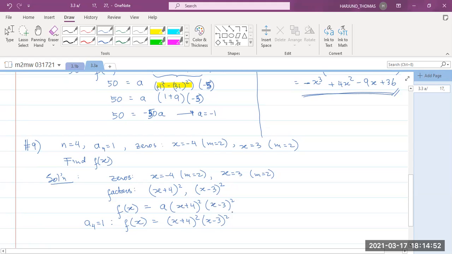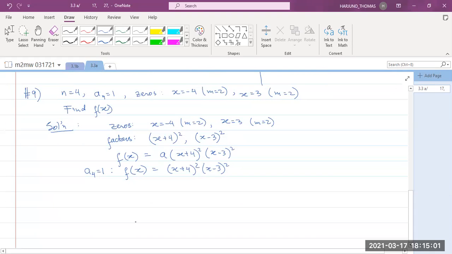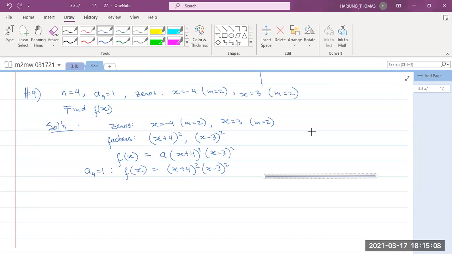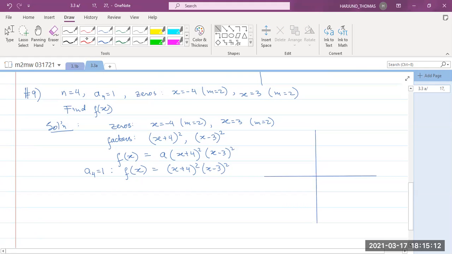That's the function in factored form. If you want to FOIL that, go ahead. I will do that later. Let's graph this first. We already have the zeros, that's really nice. Let me do it here. This is the coordinate system, and the x-intercepts are (-4, 0) and (3, 0).